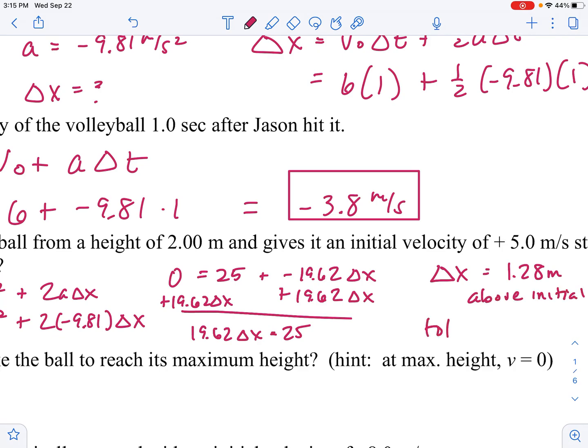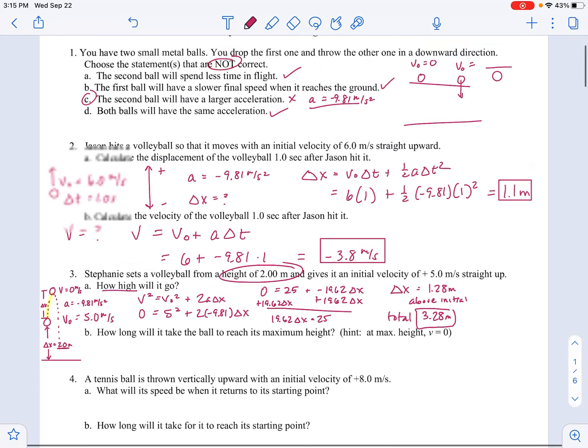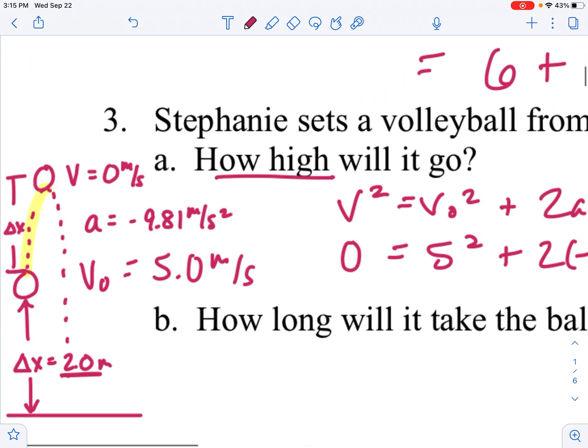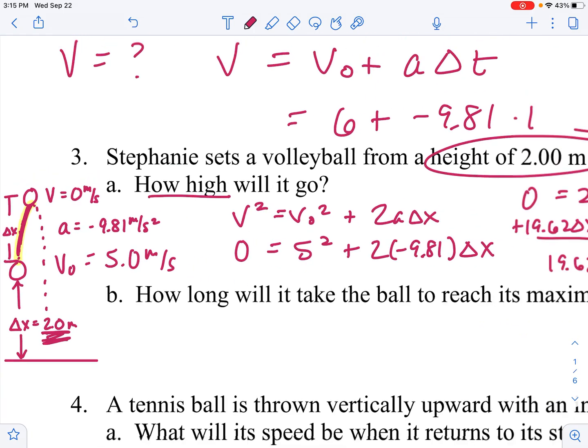So that's a total of 3.28 meters if I start with the ball's initial height of 2 meters. So again, this little yellow bit is 1.28, and then I'd add that to the initial height.